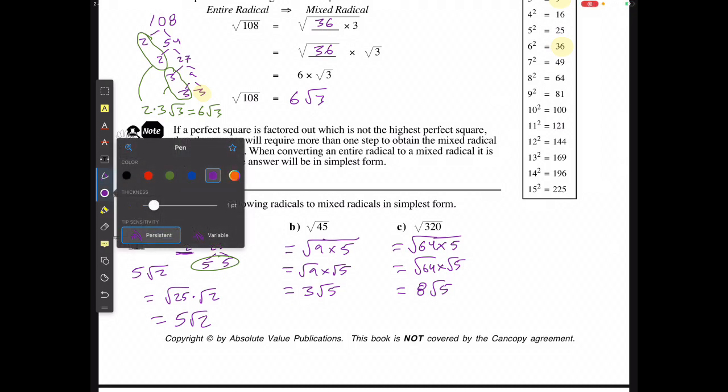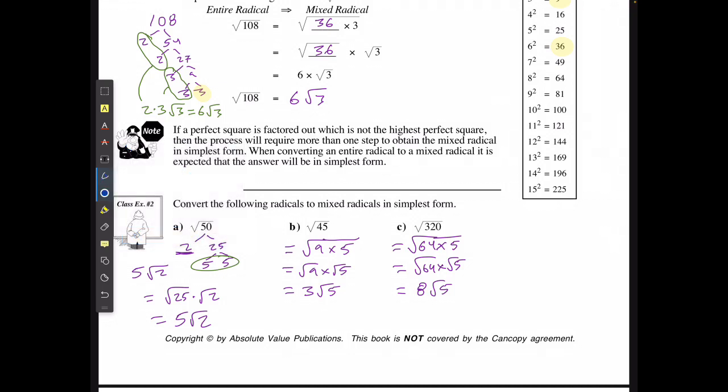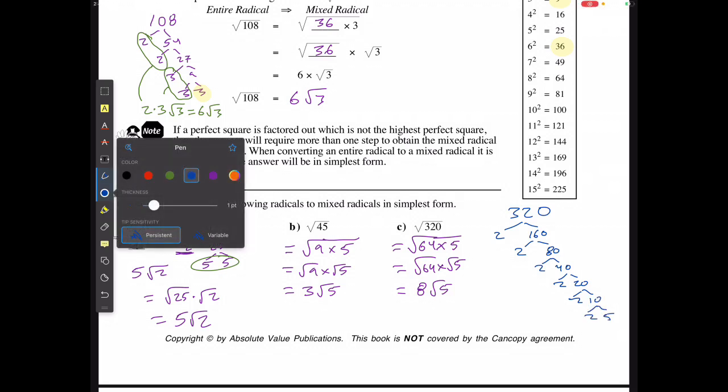Now, like I said, the advantage if I use a factoring tree for this is I'm going to see every set that works. 2 and 160, 2 and 80, 2 and 40, 2 and 20, 2 and 10, 2 and 5.